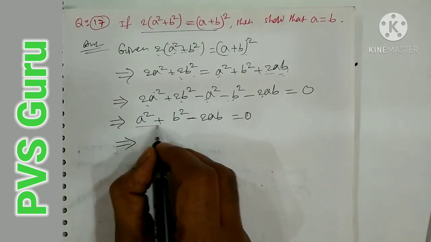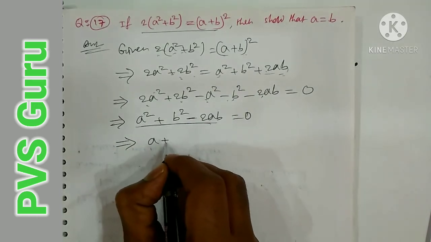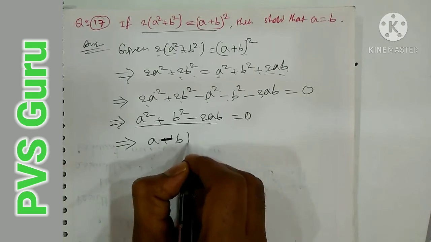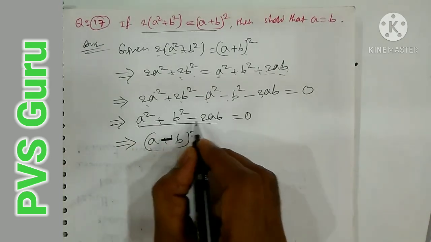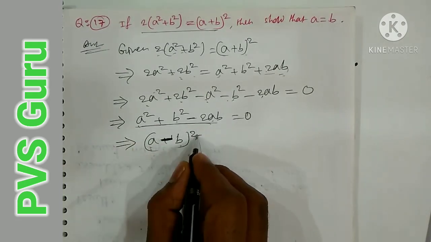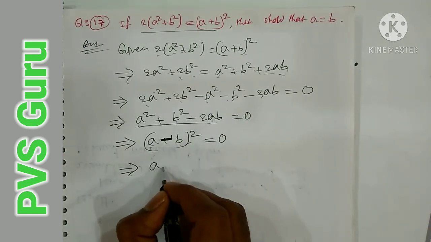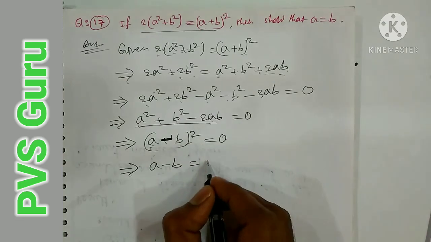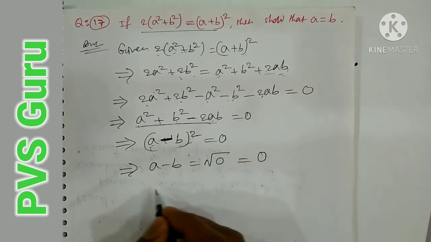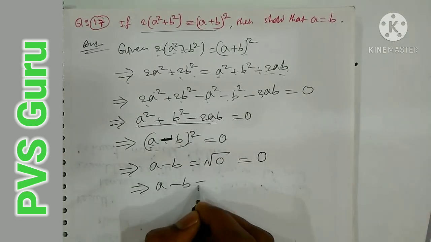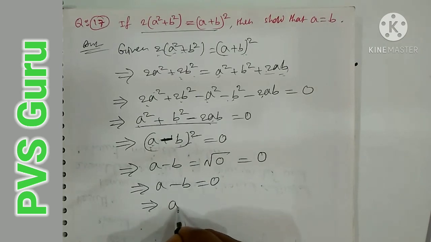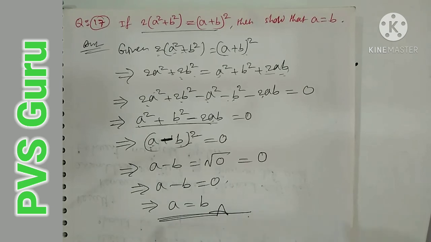This is the second identity, a minus b whole square formula: a square plus b square minus 2ab is equal to a minus b whole square is equal to 0. Now taking the square root of both sides, the square root of 0 is also 0. So a minus b is equal to 0, then taking minus b to the right side, plus b, a is equal to b. This is the answer, proved. So all problems are completed in this exercise.